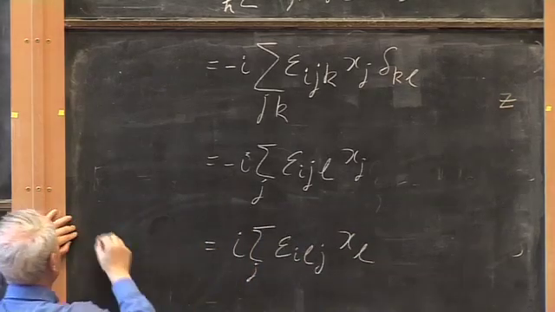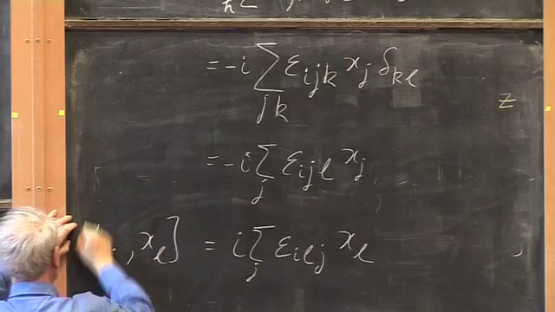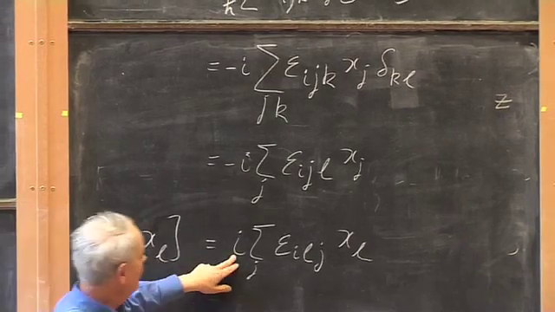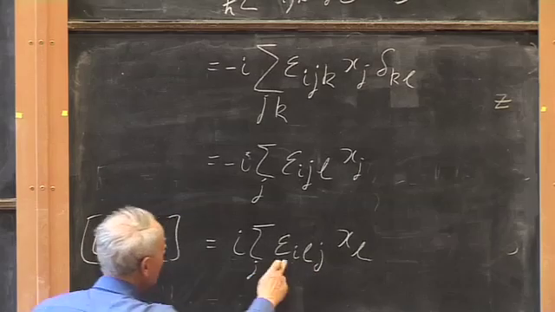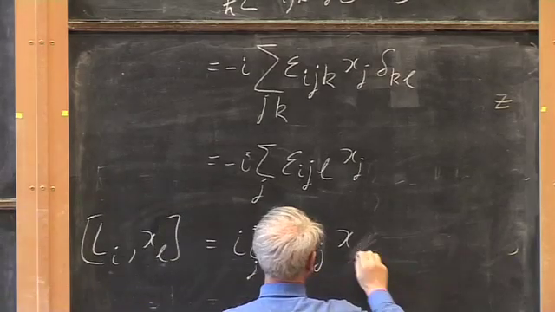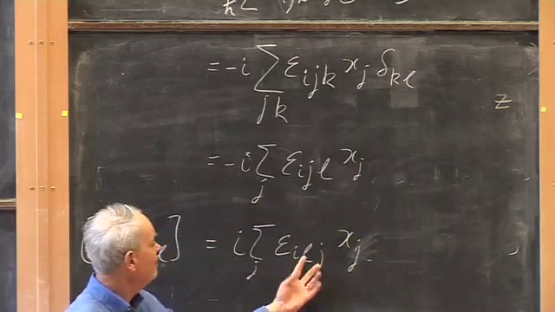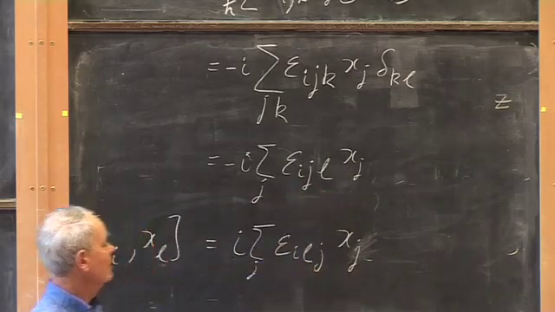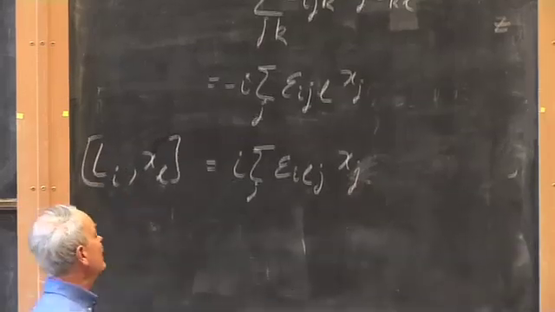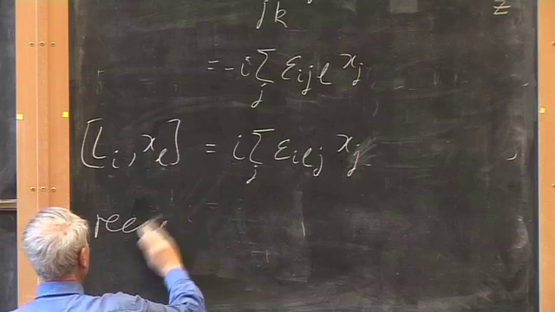So let me just write in the left-hand side again so we can appreciate the pattern that we're getting. The commutator of Li with xl is i times epsilon i l j xj, summed over j. So between here and here, I've merely reversed the order of the subscripts on the epsilon, picking up a minus sign. Now this is exactly the same as a result we already had.